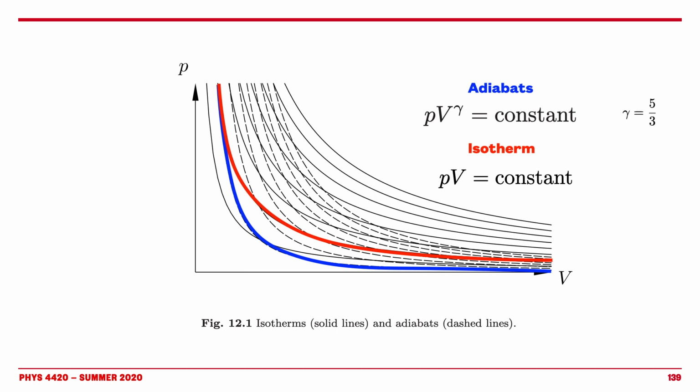The goal being that we want to create a cycle where we always have points on the PV curves, so that basically you are increasing the volume, decreasing the volume, increasing the volume, decreasing the volume. And during that process, you of course want to create work, okay? And you also include heat in that system.